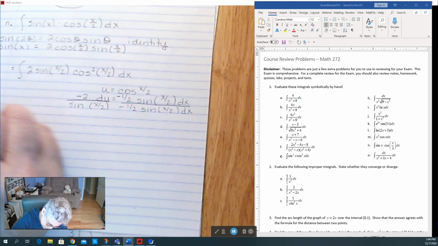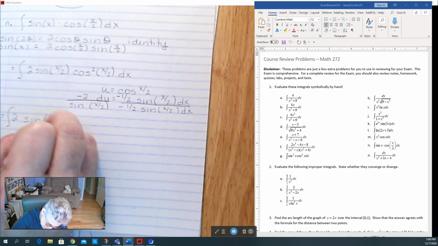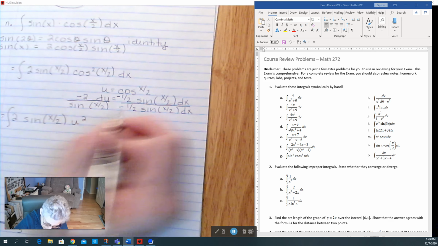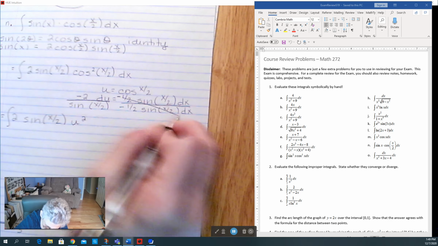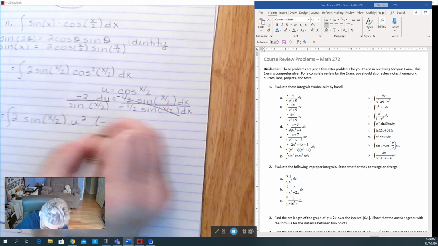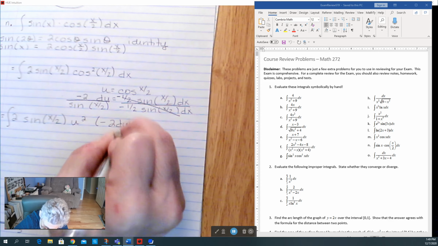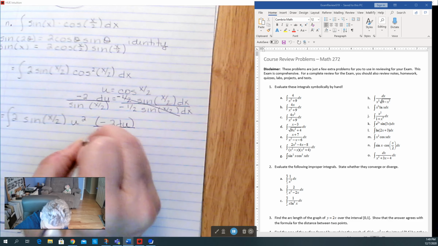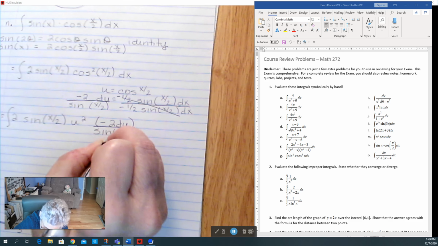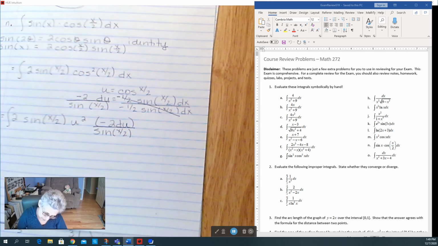So 2 sine x over 2, u squared, replace dx with negative 2 du over sine of x over 2.